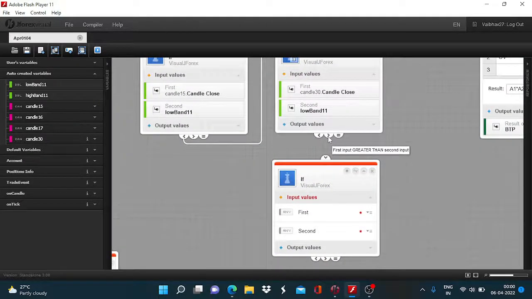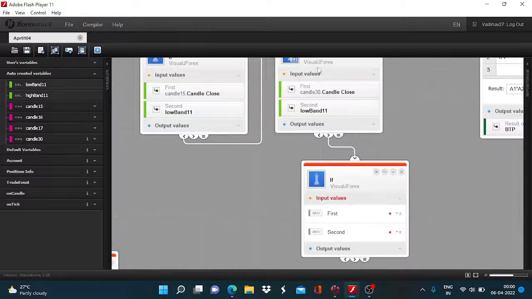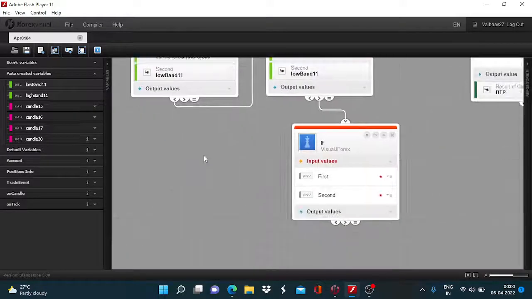In this case, first input should have been greater, and only in the last hour the closing value dropped below the lower band.